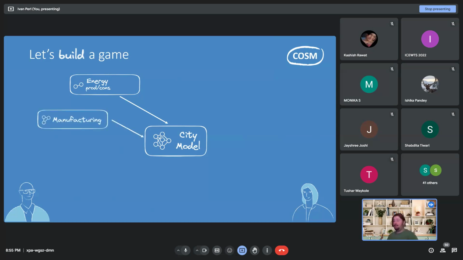The next is manufacturing. When we think about almost any city building game, we see that you're always building some mines, some factories, something else. All city building games are about materials and resources, and about their transformation, transition, acquisition, and disposal.